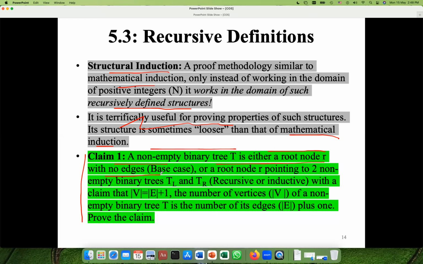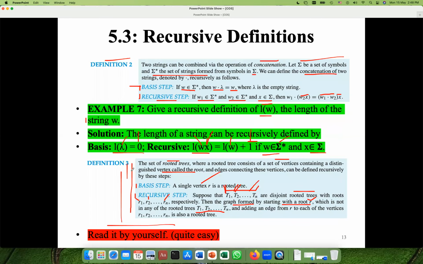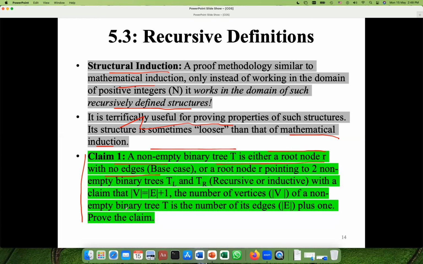Either what is the base situation? It has only the root node. This is what you have seen here in definition 3. And the other situation is that it will have sub-binary trees, further left and right subtrees, or a root node R pointing to two non-empty binary trees TL and TR.